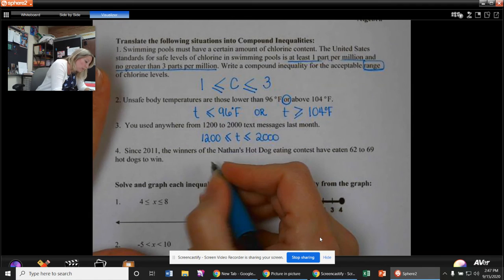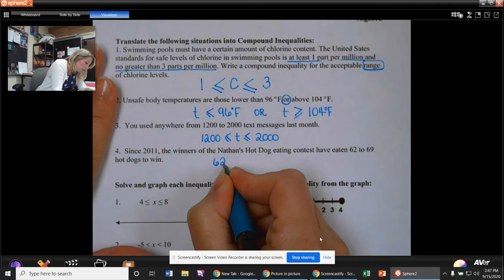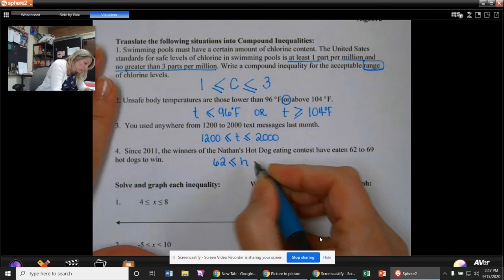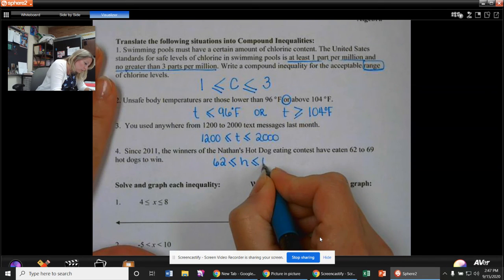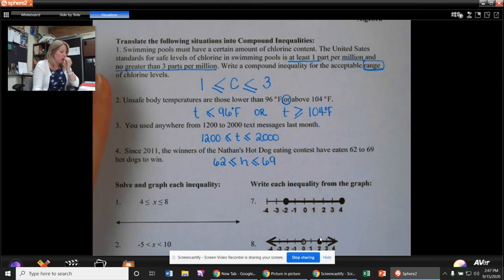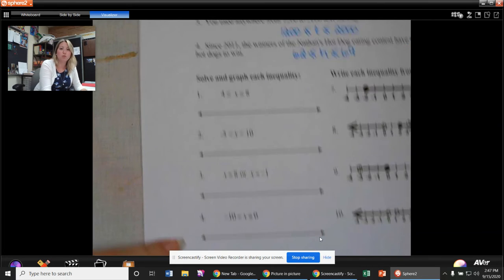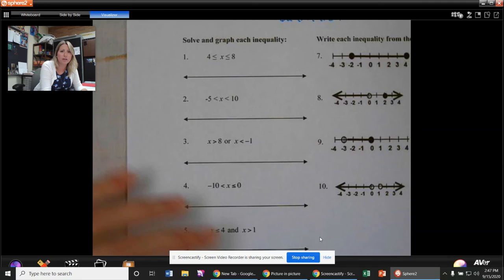So that's a between inequality. 62 is less than or equal to H for hot dogs, right? Which is less than or equal to 69. So the winner of this hot dog eating contest has eaten between those amounts of hot dogs. Yikes. Please don't try doing that yourself. I beg of you.